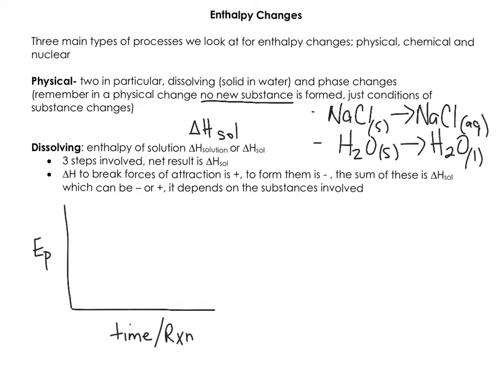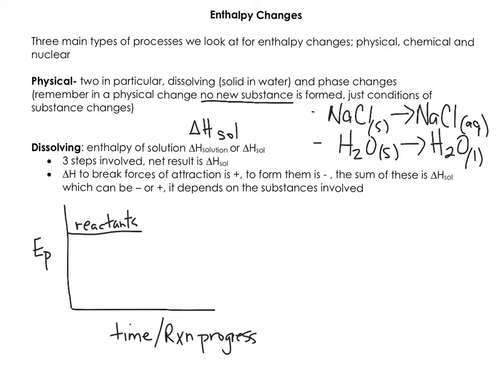You can use either one of these. Reaction progress on the bottom. And then what you have is you have the stored energy in your reactants. You would actually put in the chemical formulas for your reactants, and you have the stored potential energy for your products.